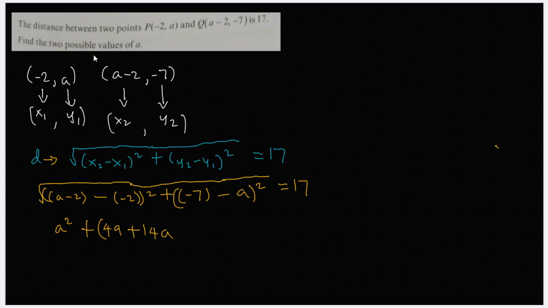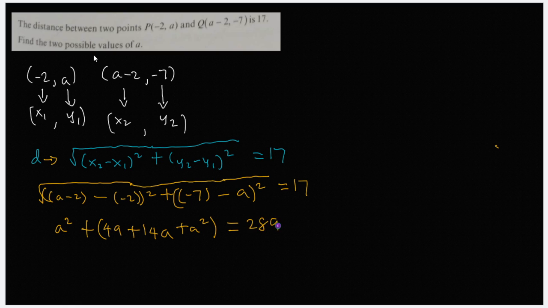In the first part, we only have a squared because the negative 2 and the positive 2 were eliminated. So we have 49 plus 14a, and then we square the last term, which gives us positive a squared, is equal to 289.